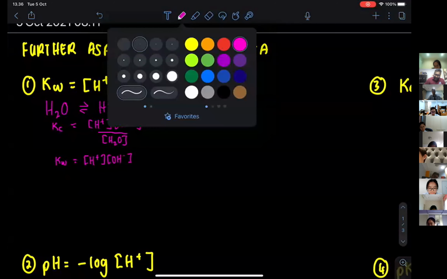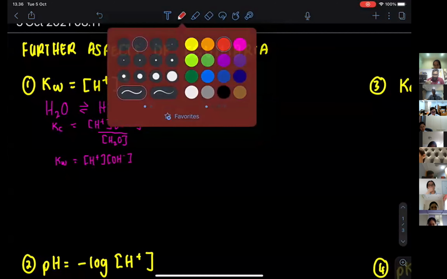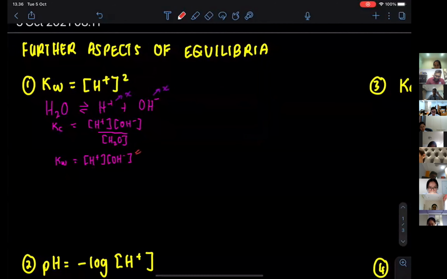We know that this is going to be X, and this is going to be X. The number of moles is going to be the same. Because of that, we can simplify this by saying that it is also concentration of H plus. I want to find out the pH, specifically the pH of pure water, and to do that you need the concentration of H plus.